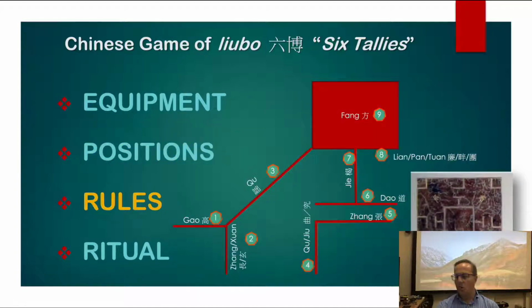Now, we don't know all the rules to the game because those texts haven't been found or translated yet, but we do know the names of the different positions on the board, and that the destination really was to get to the Fang, to get to the center, and that this represented a cosmogram. This represented Mount Kunlun, that paradise that we looked at earlier. So that is why this game is associated with the Queen Mother of the West. This is a game about getting to Kunlun, getting to paradise.